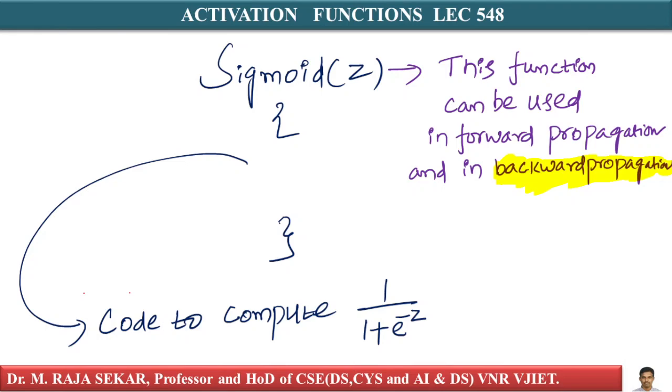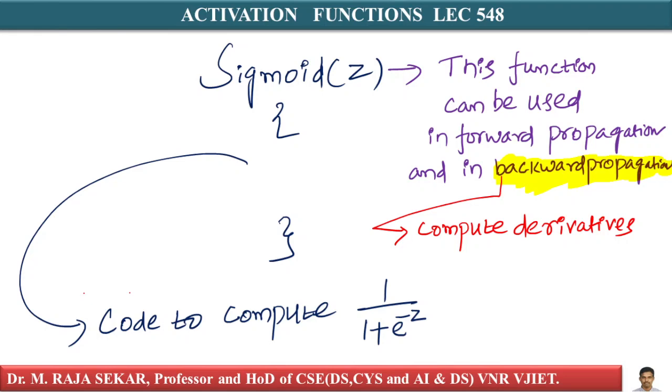We compute derivatives during the backpropagation stage to update the weights. Because the derivative of sigmoid is expressed in terms of sigmoid itself, if you implement one sigmoid function, you can reuse it both for forward propagation and for computing derivatives in backward propagation. Again, it is not the only reason.